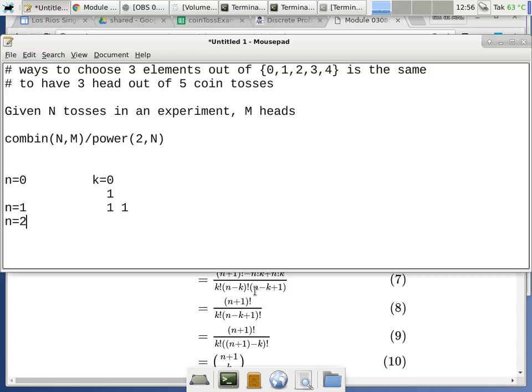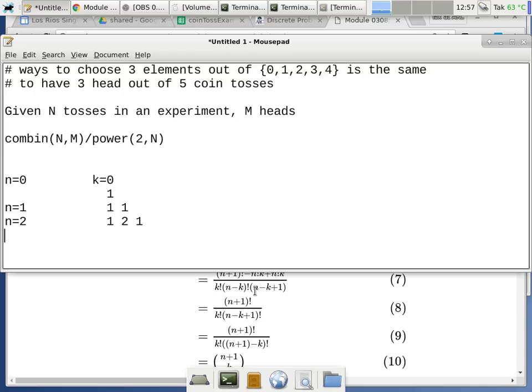I got two things now. How many ways can I choose nothing out of two things? One way. How many ways can I choose one thing out of two things? I got A, B, right? Two ways, I can choose A or B. And how many ways can I choose both things out of the two things that I have? Only one, A, B.